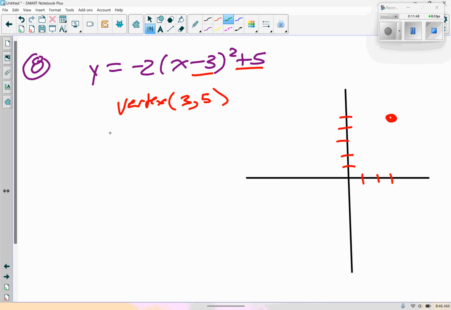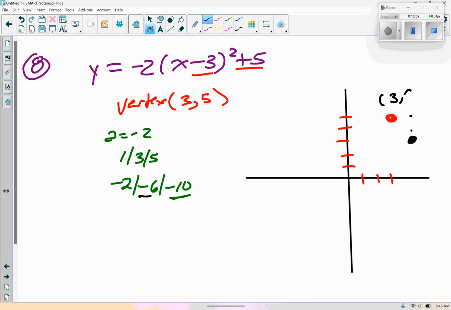Our pattern graph, our a value is equal to -2. So our pattern graph is not going to graph as 1, 3, 5. I'm going to multiply -2 times each of those. Okay, we don't always use this one, and that's okay. Sometimes we want to use the second one. But we're going to go right 1, down 2. So if this is the point (3, 5), then this is the point (4, 3), and left 1, down 2.